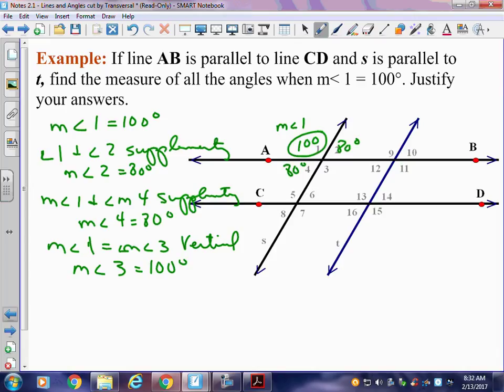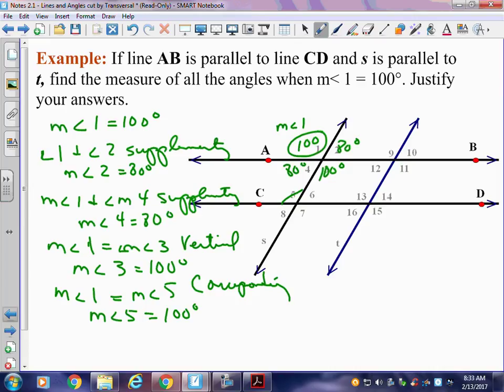We're halfway through this set. You keep using angle 1 as long as you can. So the measure of angle 1 is equal to the measure of angle 5 because they are corresponding. See how it's in the top right, top left position. So the measure of angle 5 is equal to 100.